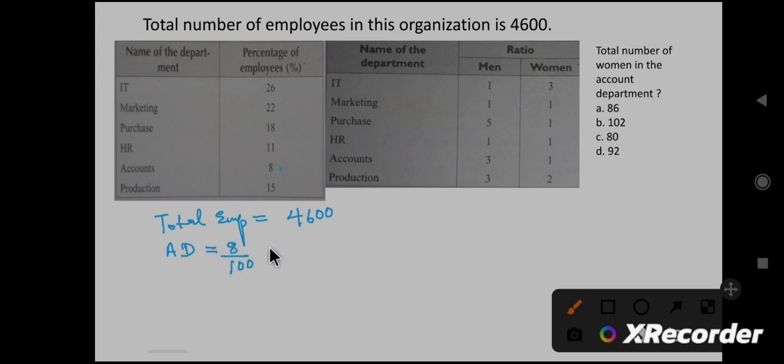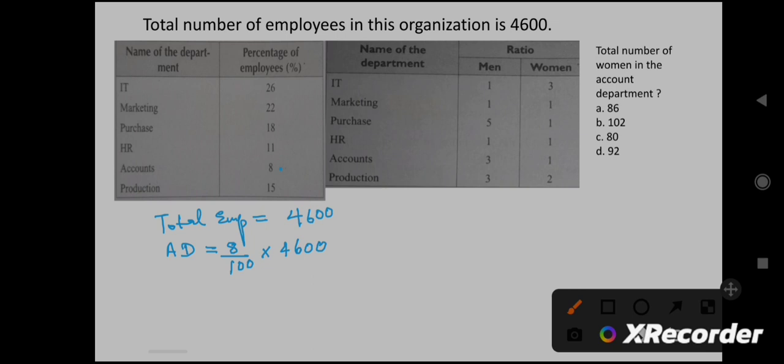For percentage, we write it as 8 by 100. 8 percentage of, where of means multiplication, 4600. So according to our question, 8 percentage of 4600 are in the accounts department.